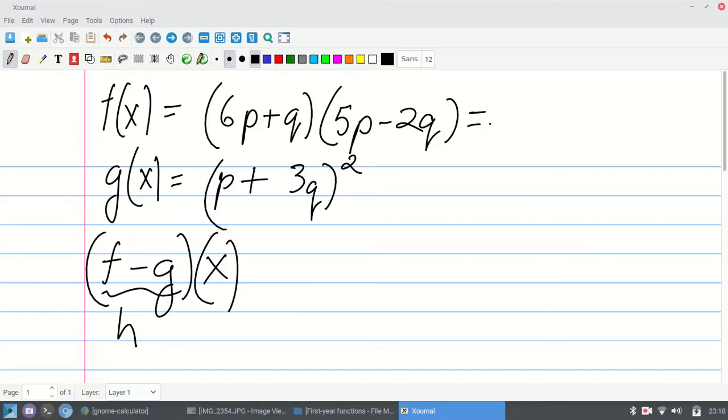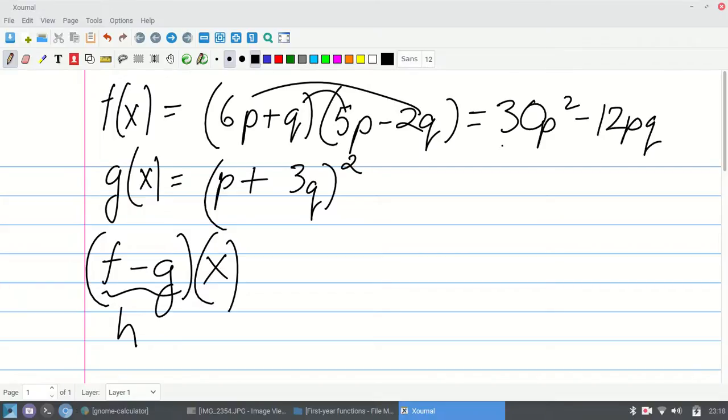So let us expand here. So we get 30p squared minus 12pq plus 5pq. So -12 plus 5 is -7pq minus 2q squared.